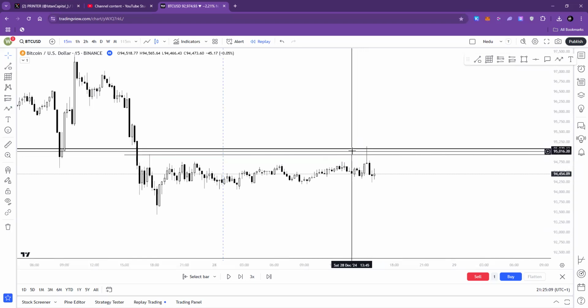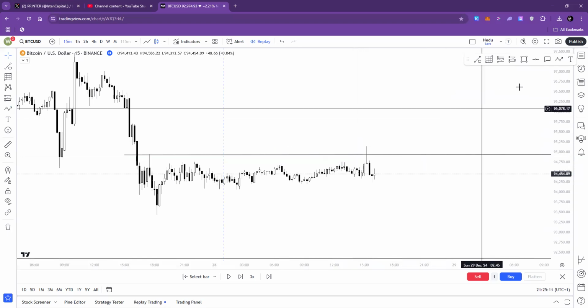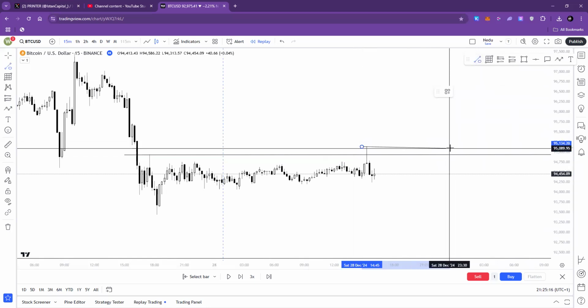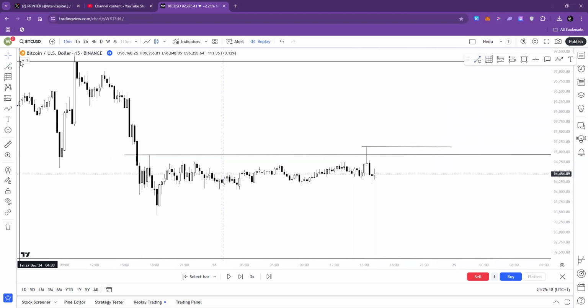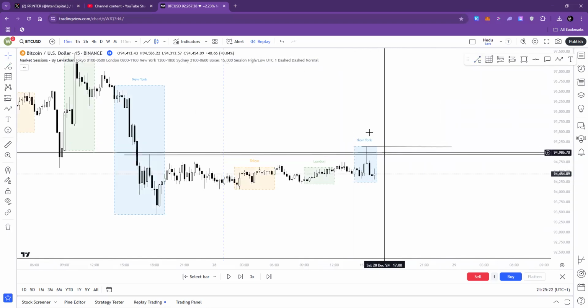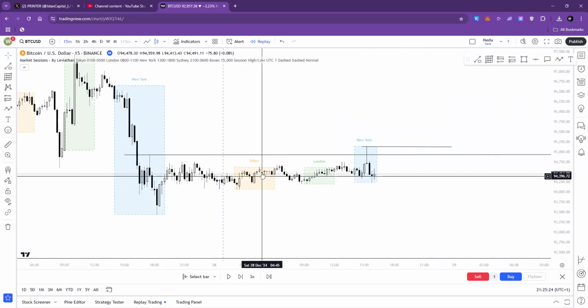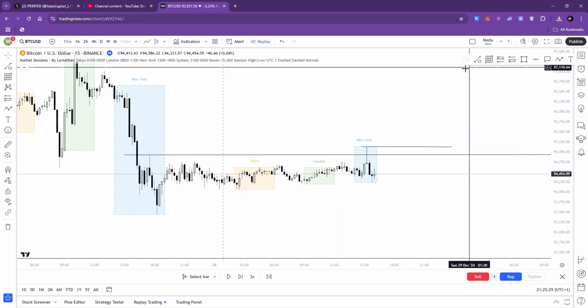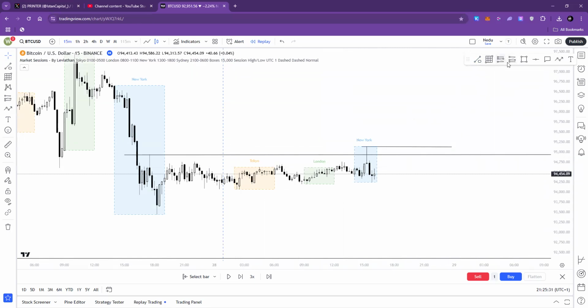This became the high of the day. Let me turn on the session indicator again. The high of the New York session. This is the high of the day: Asia, London, New York. So liquidity has been engineered.